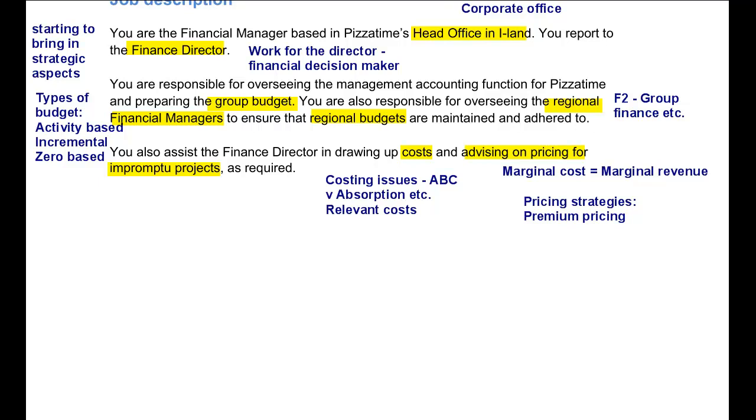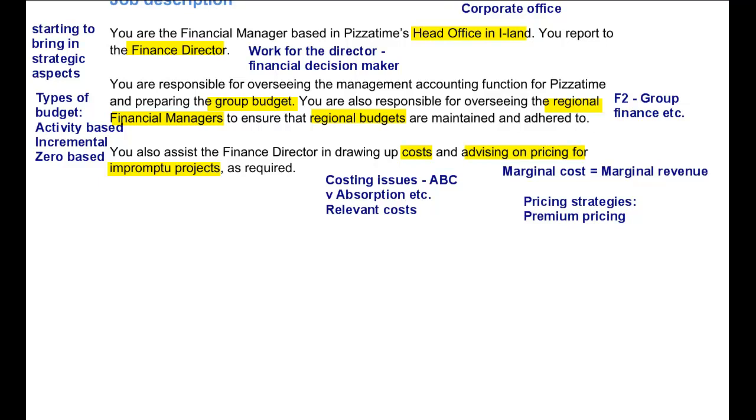The next one, of course, is your low cost, your economy pricing. So this is where you just charge a very basic low price for a very basic product. And the reason behind that is, if you're a pizza restaurant, perhaps people just want to come in and have a slice of pizza, and they don't necessarily need all the frills that come along with other restaurants. Now, an example of this would be in the airline industry.